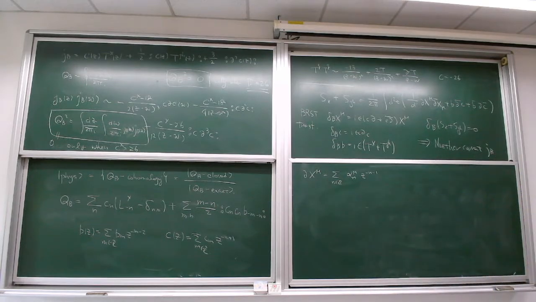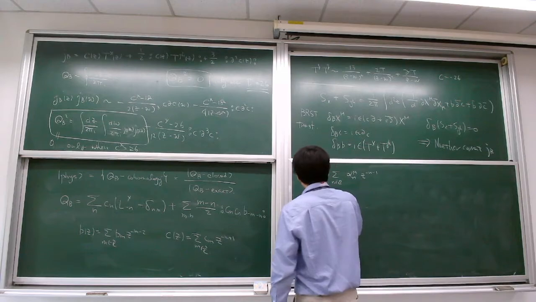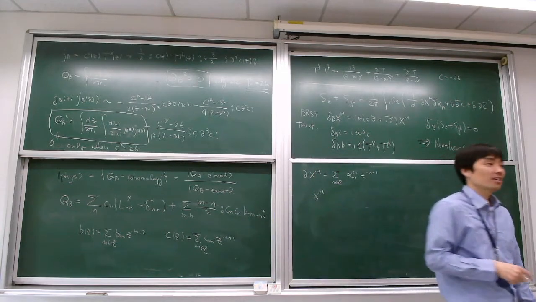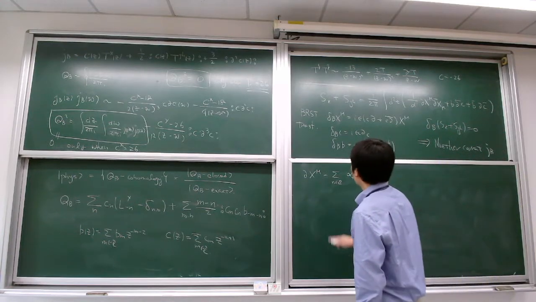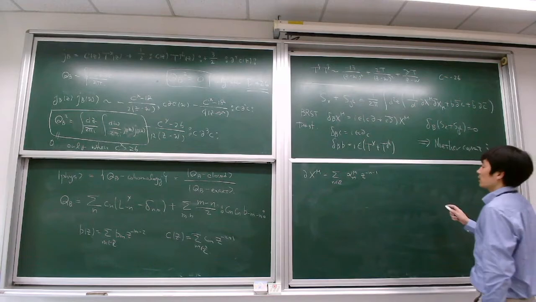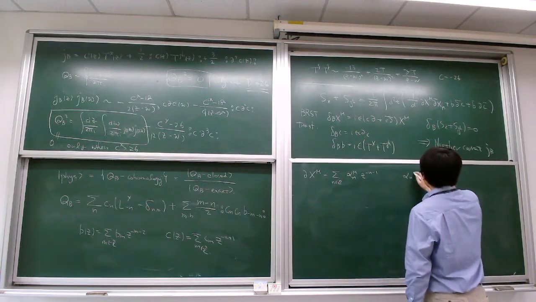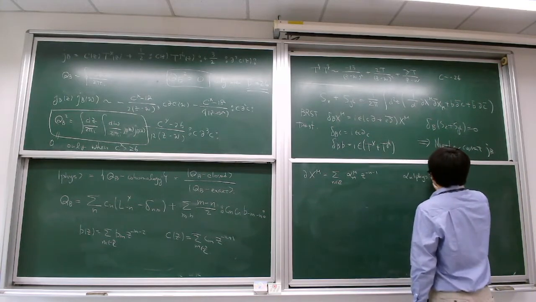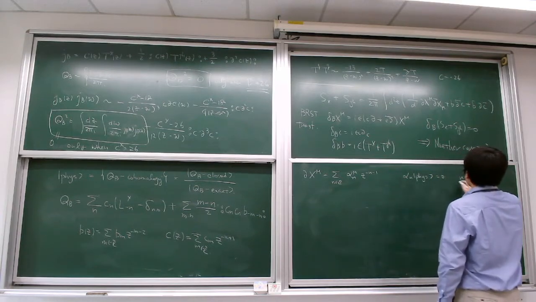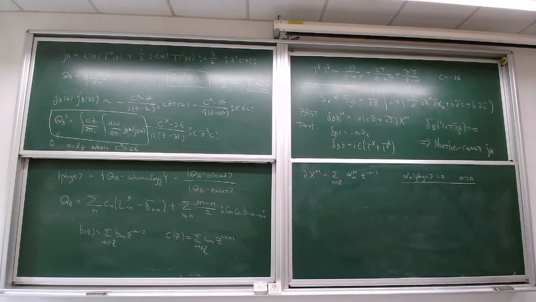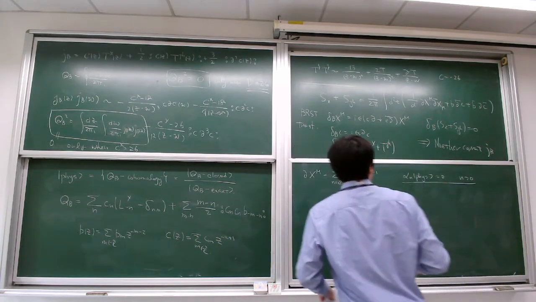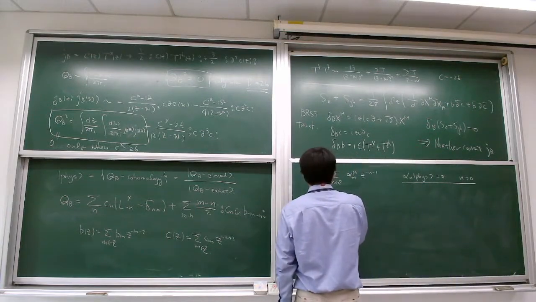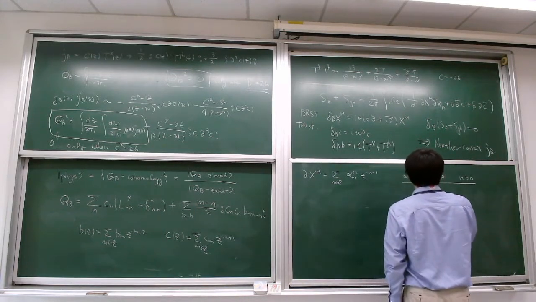I mean, some people call x mu a primary of conformal dimension 0, but some people don't treat it as primary. I don't know. Anyway, this is easier too. And then the physical state is again... so n physical state is equal to 0 when n is greater than 0. Okay? So this is the condition we impose. So this one is already fixed. However, and the vacuum is, so the Fock space, you can just create a Fock space by using the negative modes.